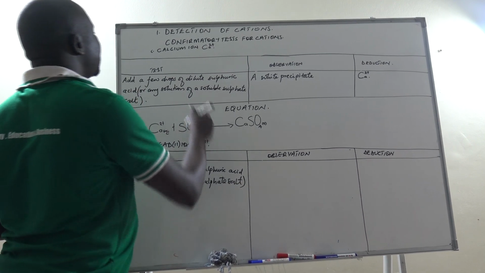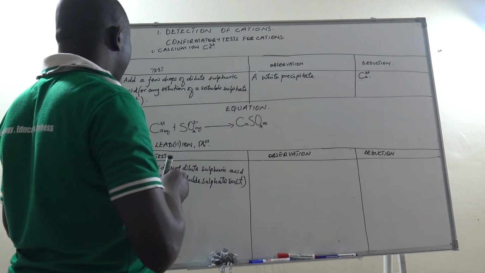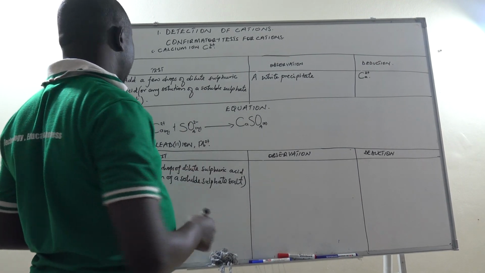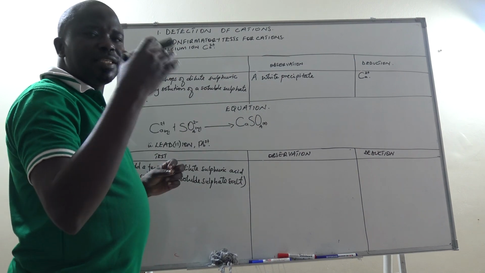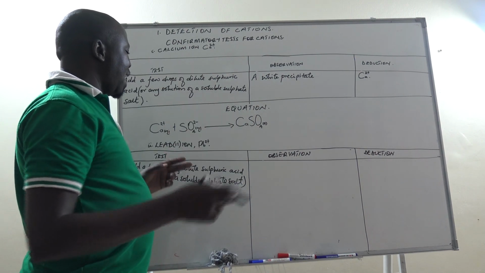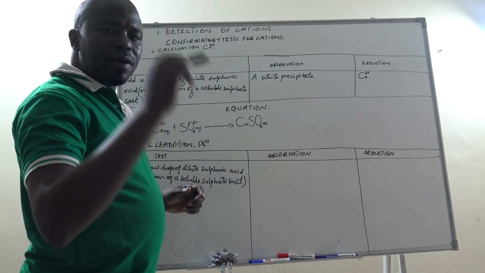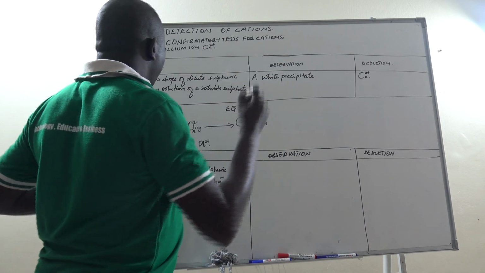So as we have seen earlier on with calcium ion, this solution of the soluble sulfate salt or the dilute sulfuric acid still will provide the sulfate ion that will combine with the lead 2 ion to form insoluble lead 2 sulfate, which will be precipitated.